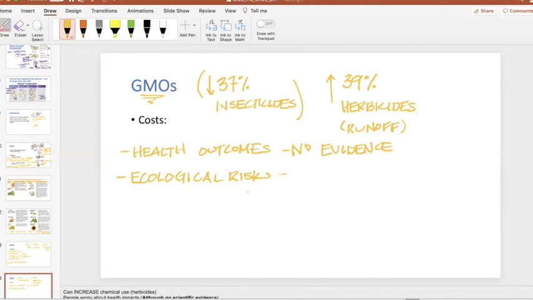Now, what might those ecological risks be? Well, it turns out that plants are very good at hybridizing with other species. So let's say that you had some corn that you planted that was Roundup ready. It was herbicide resistant, so Roundup ready corn. And let's say that some pollen from that corn actually fused with the egg of some weed. So we'll put some pollen here.